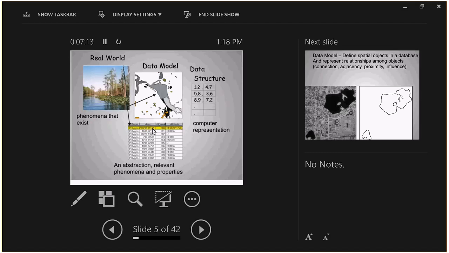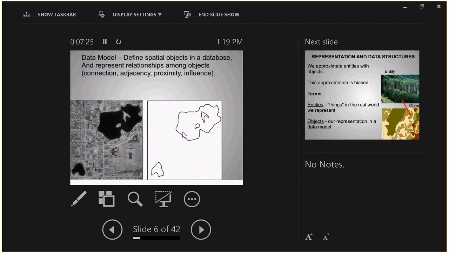In this case, we've got an area. I don't know what this one says, but this one says attribute. This is actually a code that represents a type of wetland. So the data model defines how these spatial objects in the real world get stored into a database.